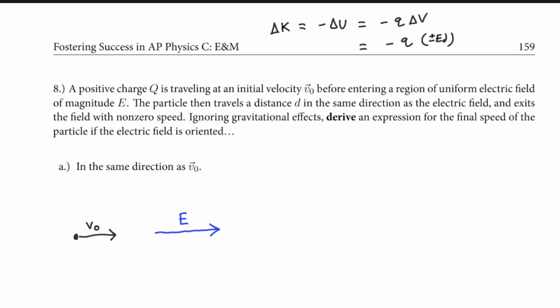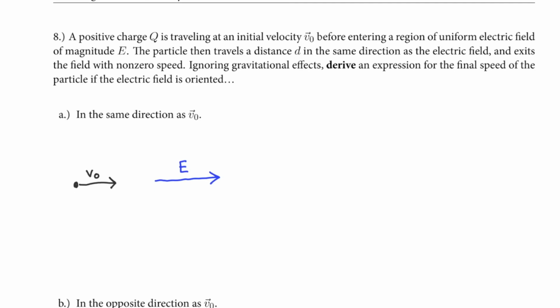So in this case, same direction. Well, delta K is going to be negative Q delta V, which is negative Q times, well, I am traveling with the field. The field is pointing downhill.